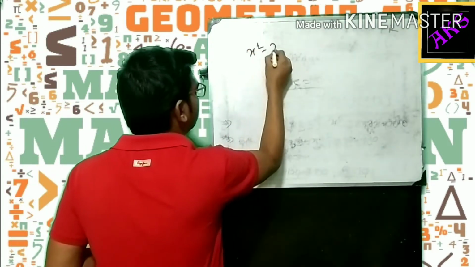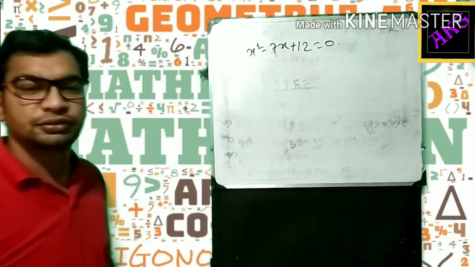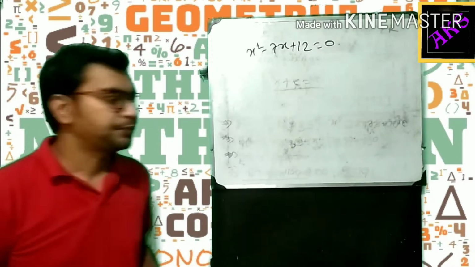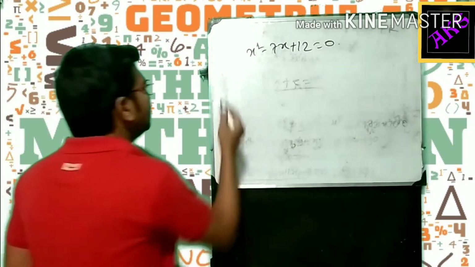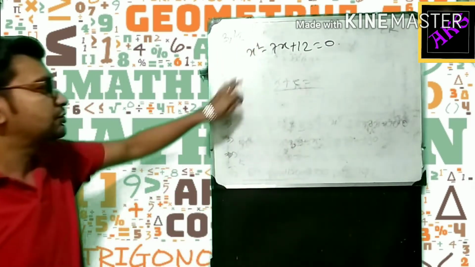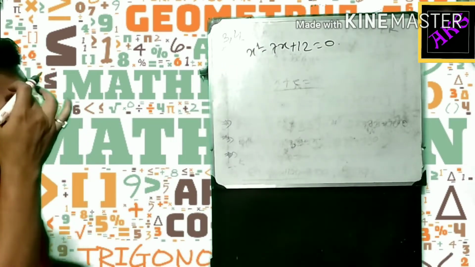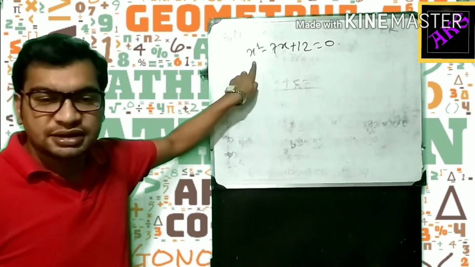Suppose x square minus 7x plus 12 equal to 0. Okay, we'll try to show whether 3 and 4 are roots of this equation or not. So what we need to do is put the value 3 in place of x.